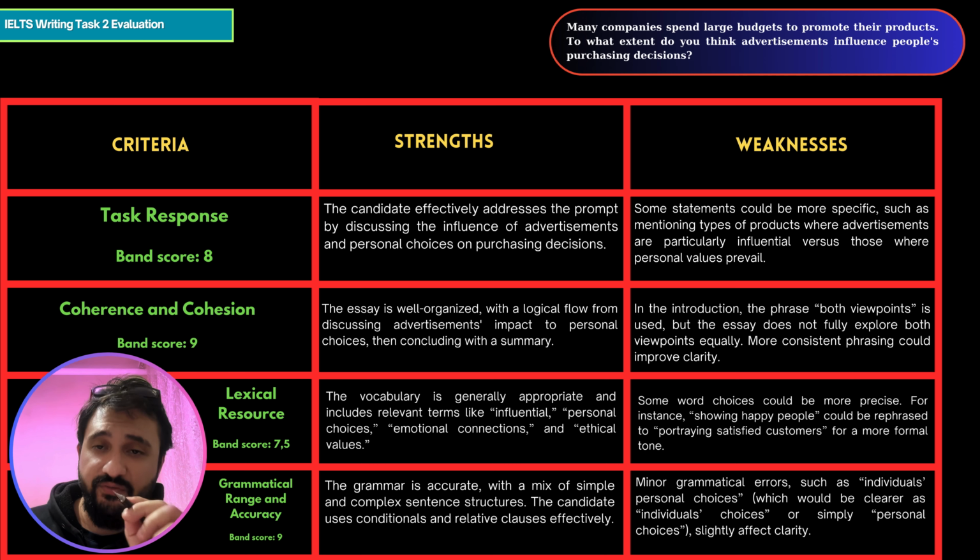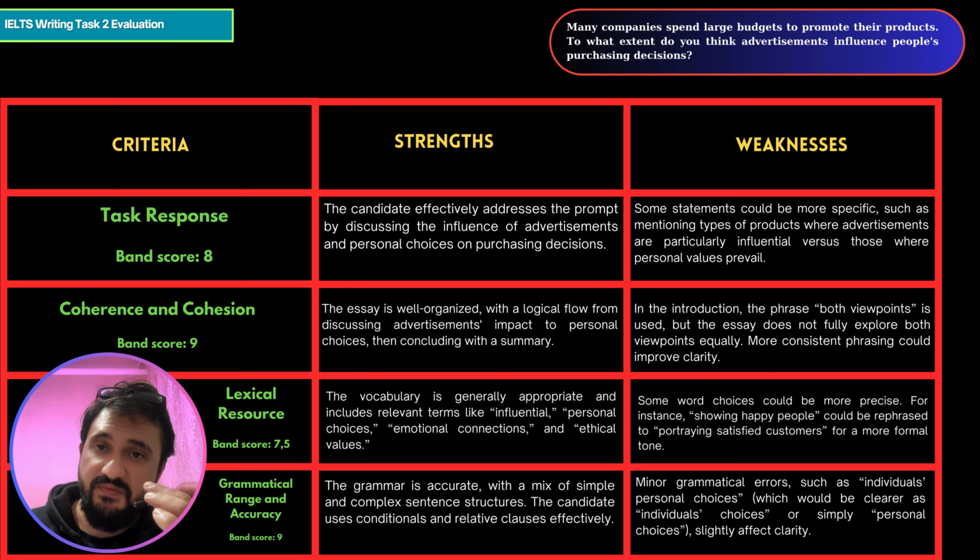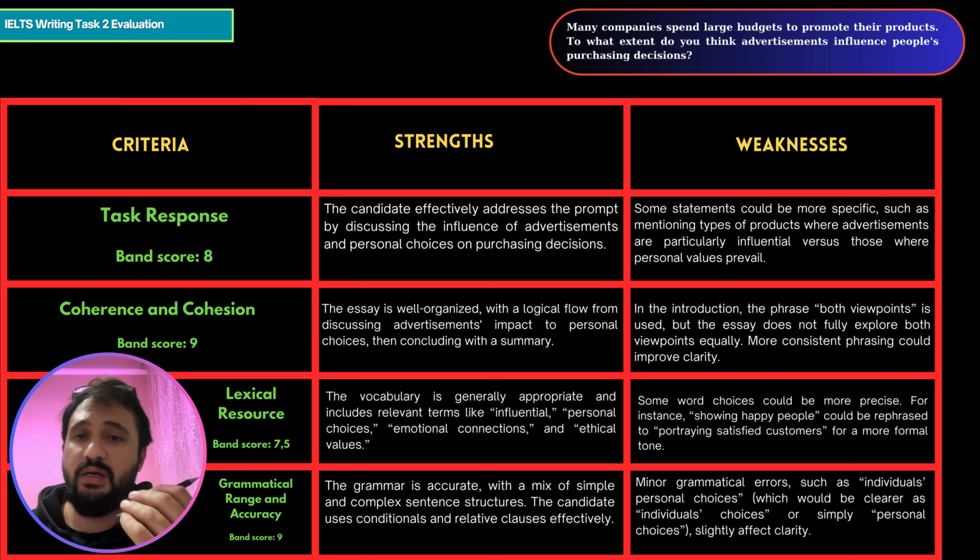The essay could benefit from additional examples or data to reinforce points about consumer behavior trends, particularly on how personal values and ethical considerations impact purchasing decisions. Some statements could be more specific, such as mentioning types of products where advertisements are particularly influential versus those where personal values prevail.